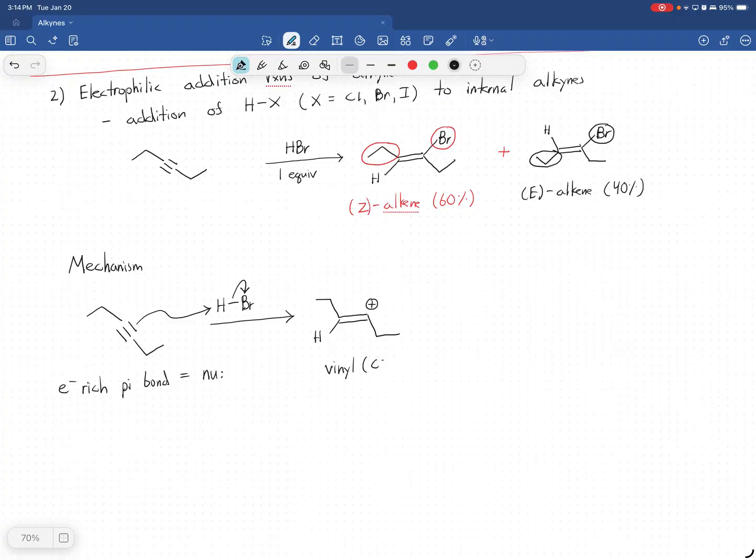Vinyl, or a C double bond C group, carbocations are not stable. Okay, so they rarely form. Remember, we talked about regular carbocations. They're stabilized by adjacent carbon groups.